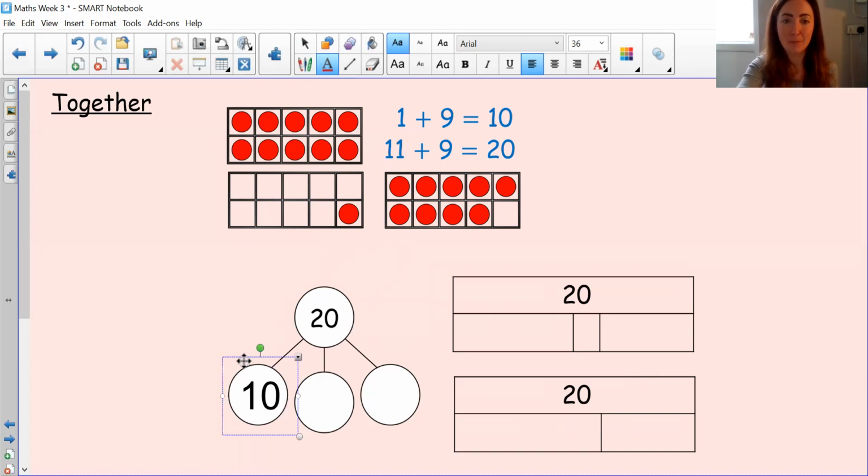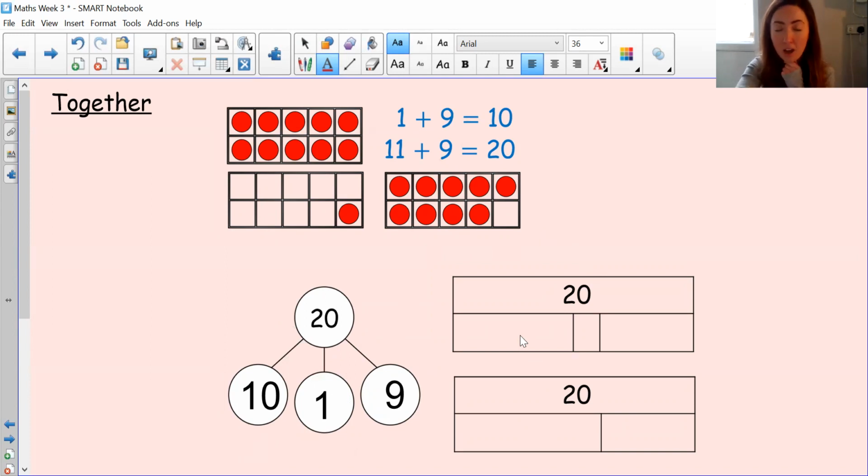And then the next part is the 1 exactly. Again, part of that 11. 11 is 10 and 1, or 1 ten and 1 one. And that just leaves us the 9 to add. Okay, so those are the 3 parts in our number bond to 20, 10 and 1 and 9.